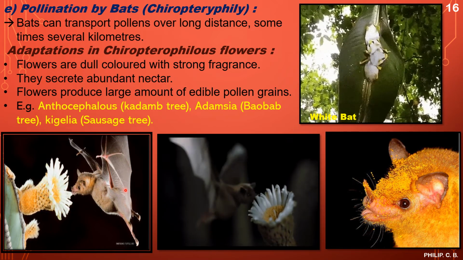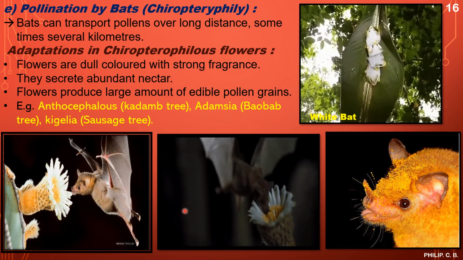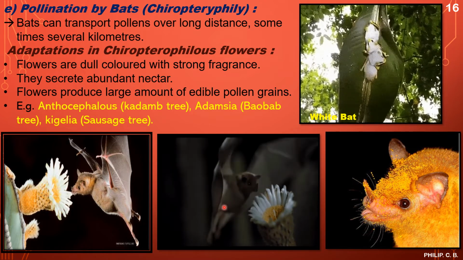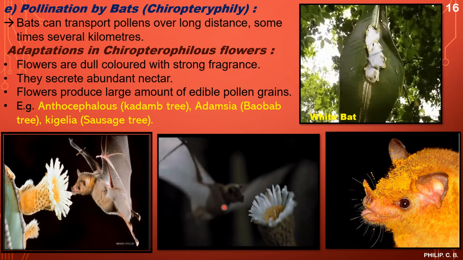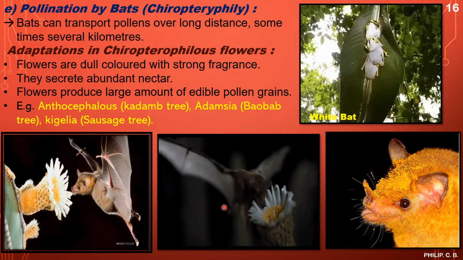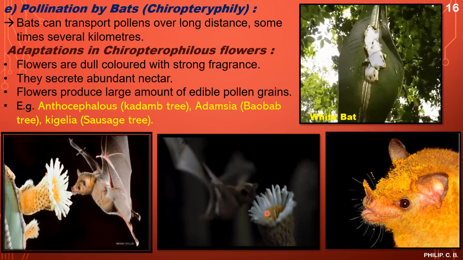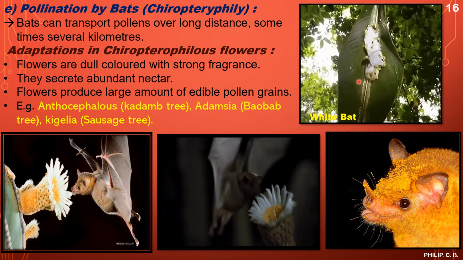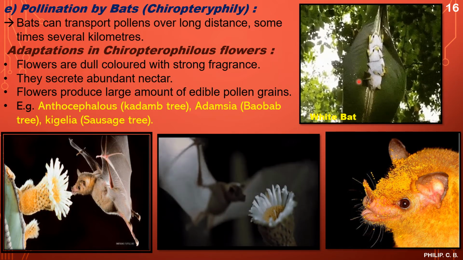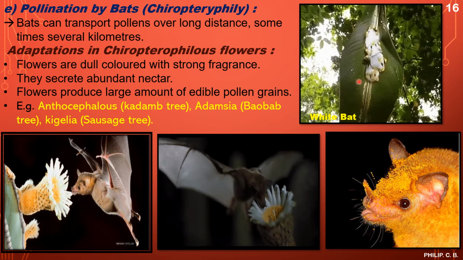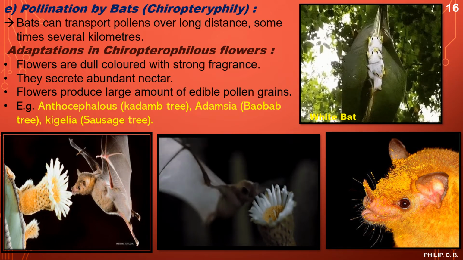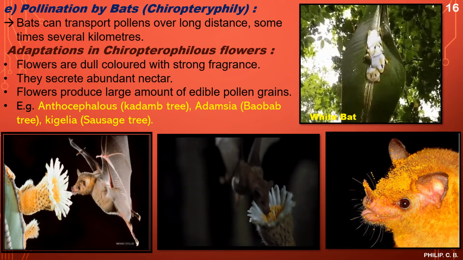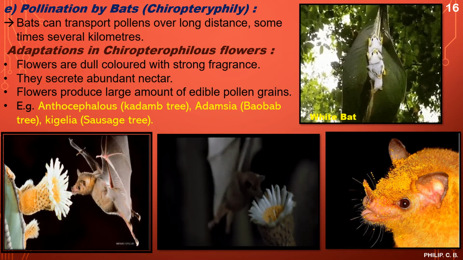You can see an image of the bat pollinating, and here the animation image, a real image where the bat is carrying out pollination. And one more animation image, we can see a white bat, called the Honduran bat. It is also kept as a pet in certain countries.